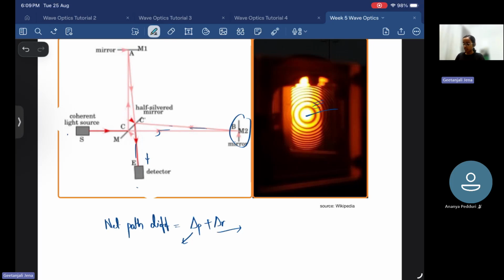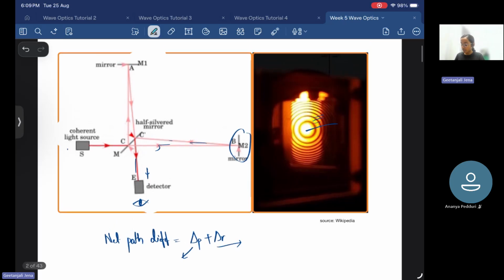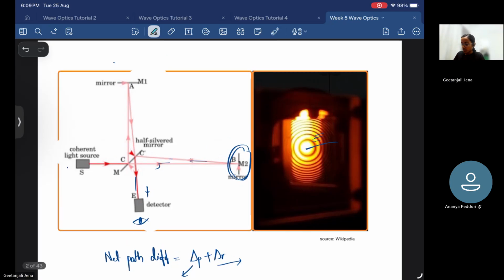What fringes will we get using this Michelson interferometer? What this beam splitter does is create a virtual image of M2 in the direction of this detector.